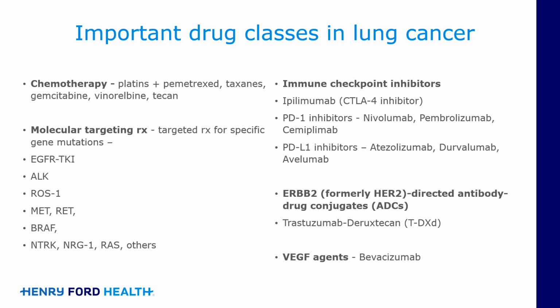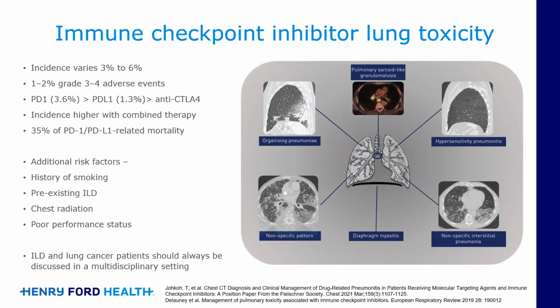And then more recently, the ERBB2 antibody drug conjugate, trastuzumab deruxtecan, has been more frequently used, and we're seeing more and more drug-induced ILD from this agent. And last but not the least, VEGF inhibitors such as bevacizumab are also used. So these are overall the drug classes that are used in lung cancer.